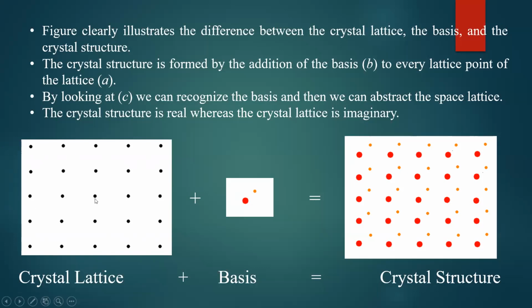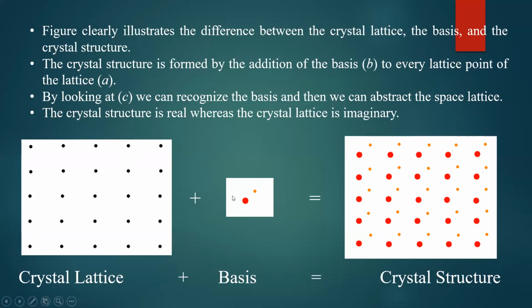These points are arranged regularly. So there is a repetition and regular arrangement. Remember, crystal lattice is imaginary geometrical points, and that has certain symmetry, and that shows the crystal structure.